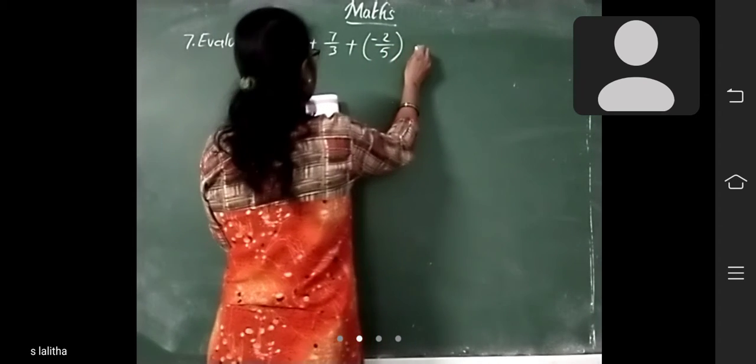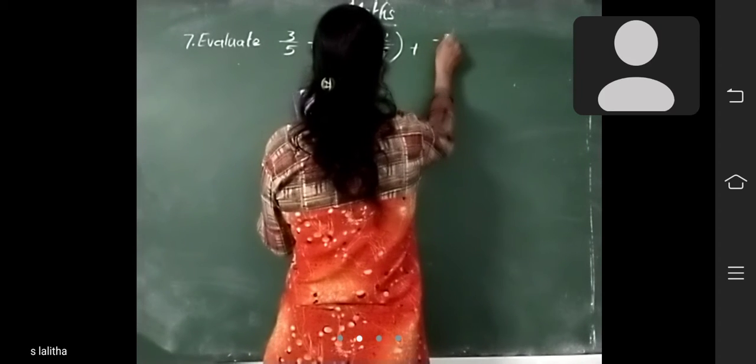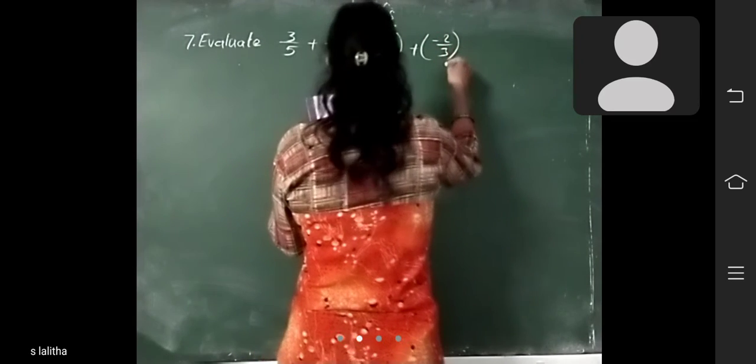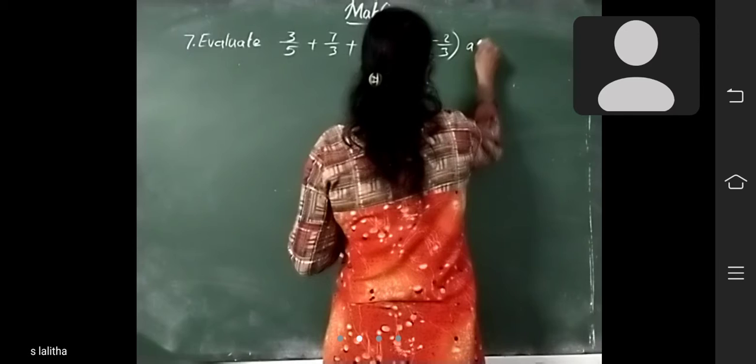Now, see the next question, children. Evaluate 3 by 5 plus 7 by 3 plus minus 2 by 5 plus minus 2 by 3 after rearrangement.